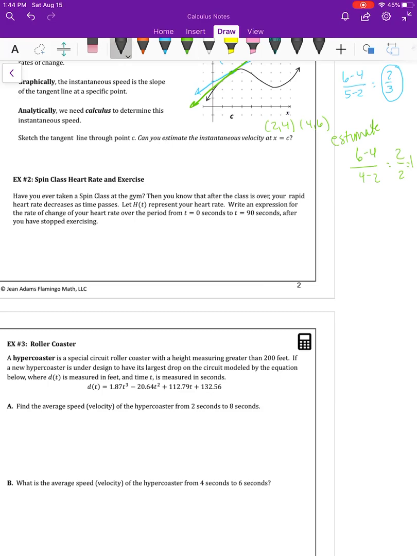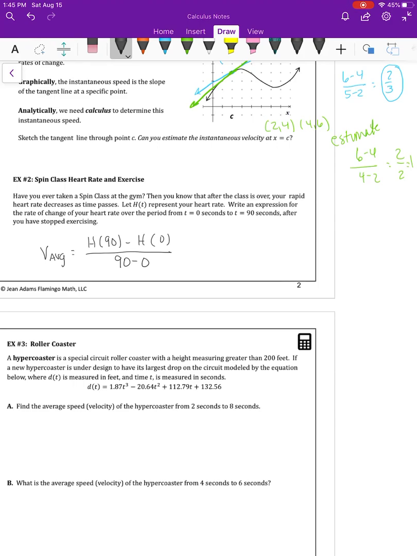So they didn't actually give us a specific function. They just said, hey, we're going to call it h of t. But I know that if I wanted to find my average rate of change, my average velocity, I'm going to be taking my h of 90 minus my h of 0 and divide by 90 minus 0, because that's what we do, right?